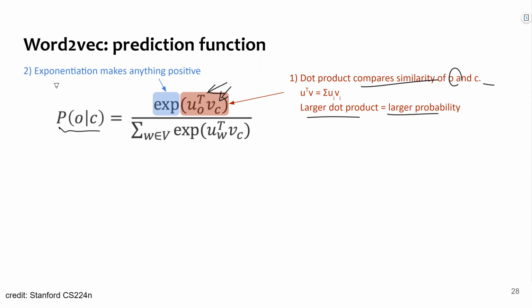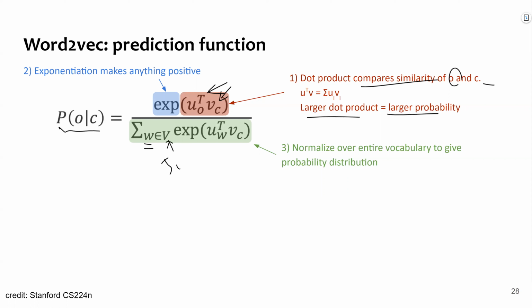We are taking exponentiation to make everything positive, because we want a probability, and a probability cannot be negative. That's why we are taking the exponential here. And this term normalizes over the entire vocabulary to give a probability distribution. So this is done for every word in the vocabulary.